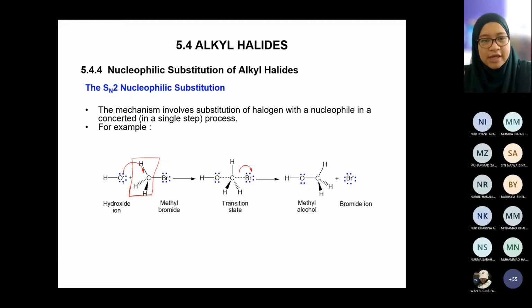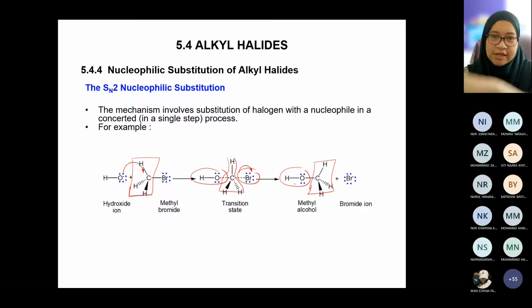But once OH has been added, okay, dia akan ke tengah sebab dua-dua ni ada bromine and OH. And once bromine has leave the group, leaving behind the OH, nampak tak? Dia flip to the other side. Flip to the right side. Dia macam payung lah kalau angin kuat kan, dia boleh ternaik kan, terangkat kan, macam tu. That is what we call Walden inversion.